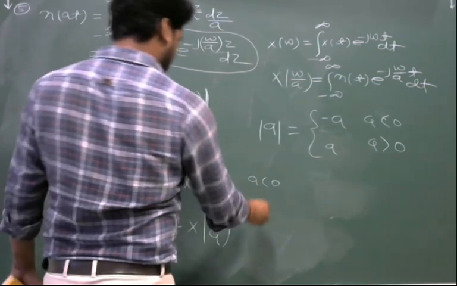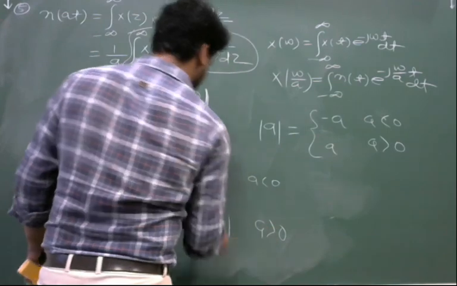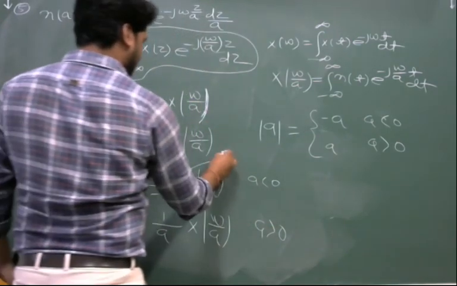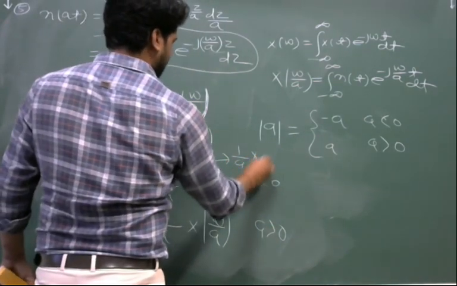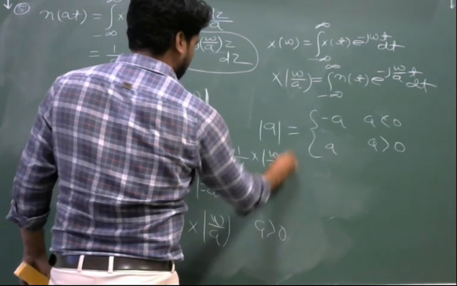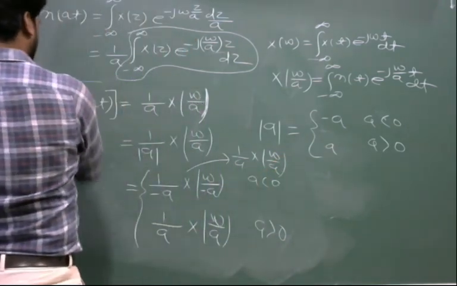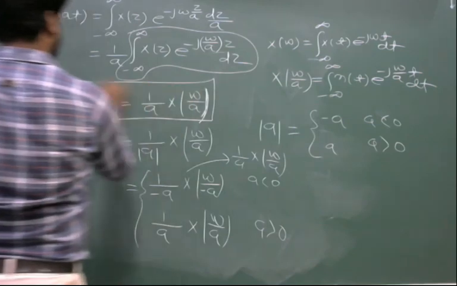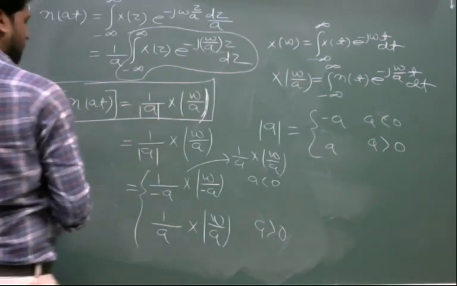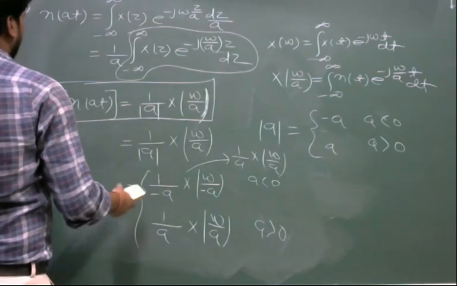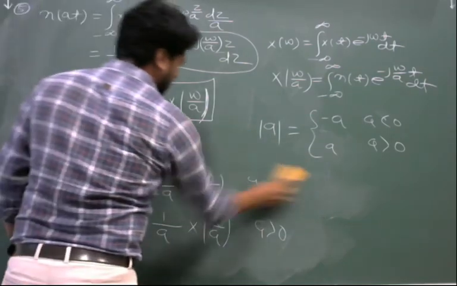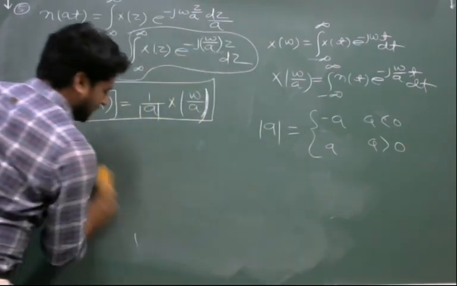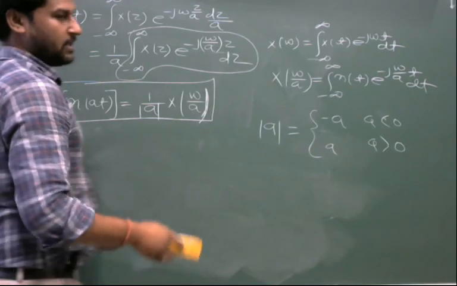So the result remains the same for a less than 0 and for a greater than 0, and I can put a modulus here. So this is the scaling property of the Fourier transform.